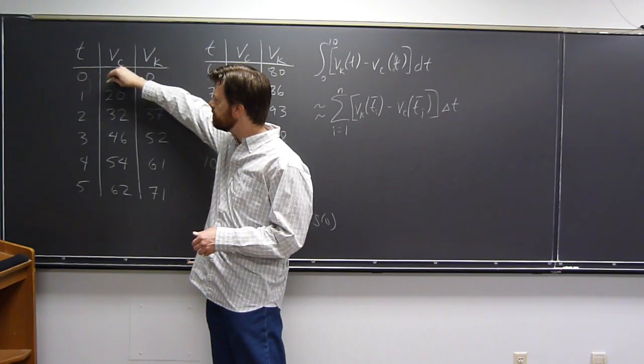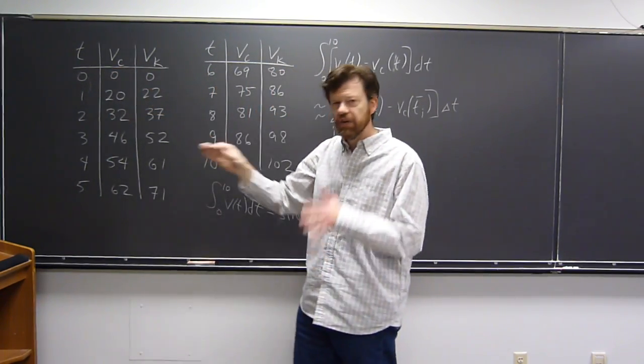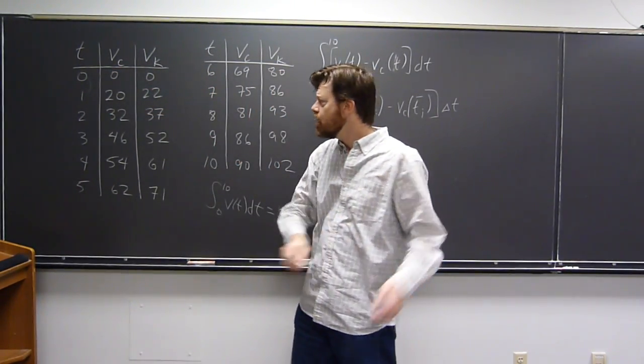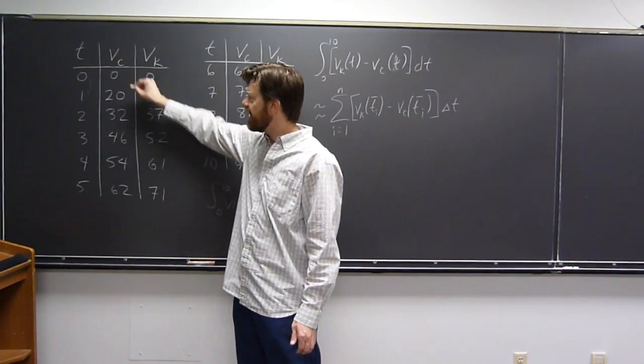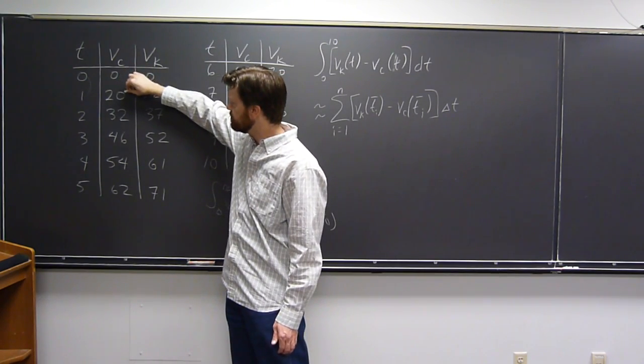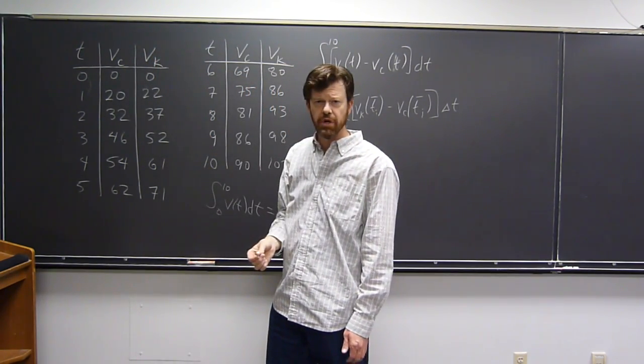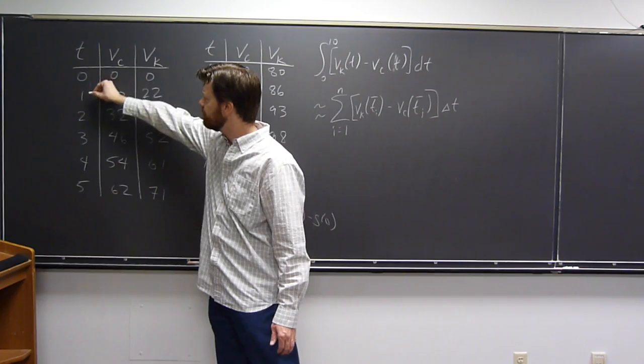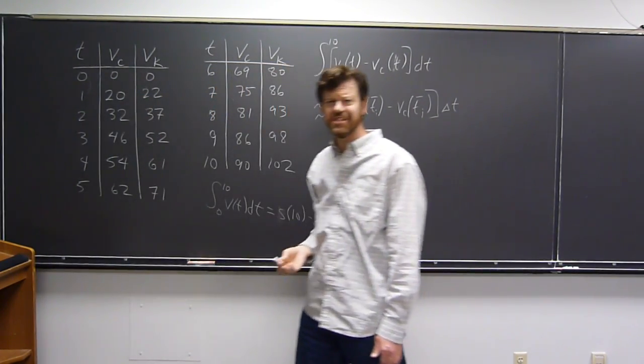When we take the midpoint, we're taking the midpoint of the time interval. We're not taking the average values of two consecutive velocities. I'm not taking the midpoint from 0 to 20 or from 0 to 22 or anything like that. I'm only taking the midpoint of the time interval, so I have to use data I have.